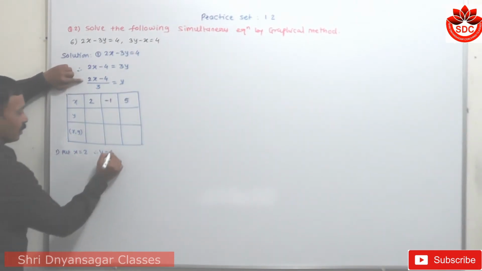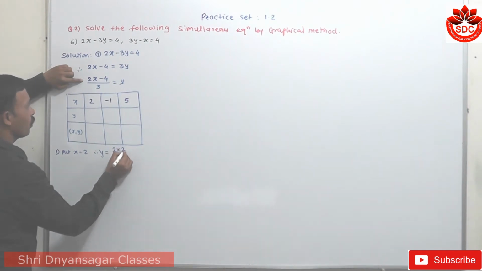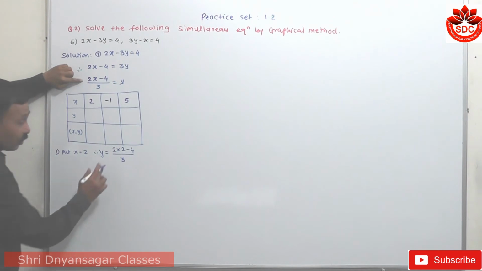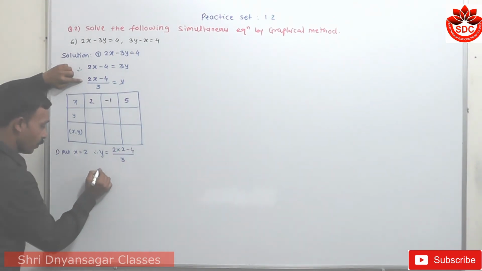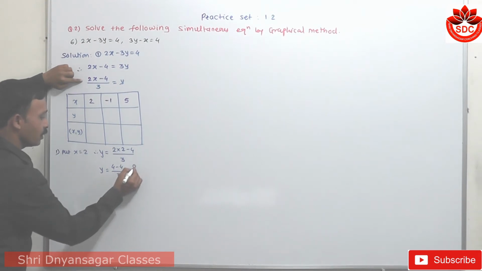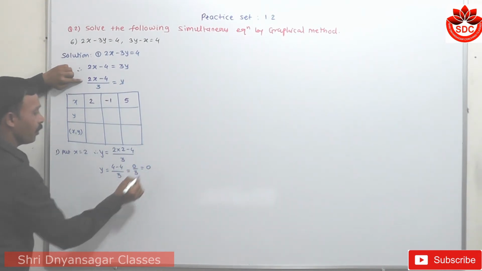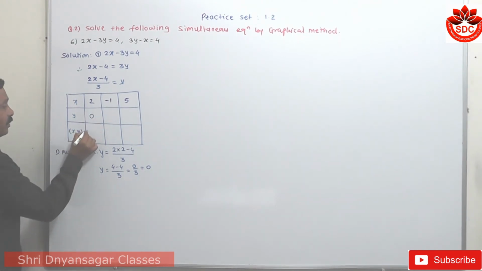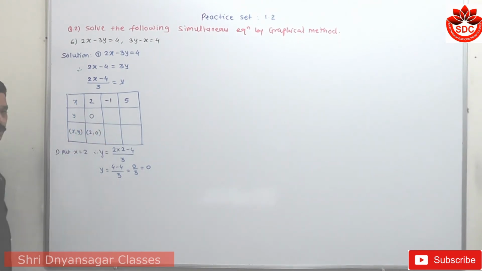In this equation, 2 into 2 minus 4 upon 3. 2 twos are 4, 4 minus 4, so 4 minus 4 upon 3 is equal to 0 upon 3, and 0 upon any number is 0. So our first pair is 2 and 0.